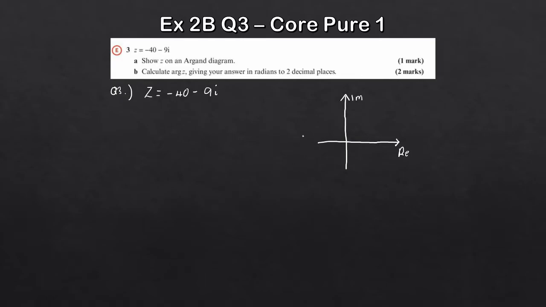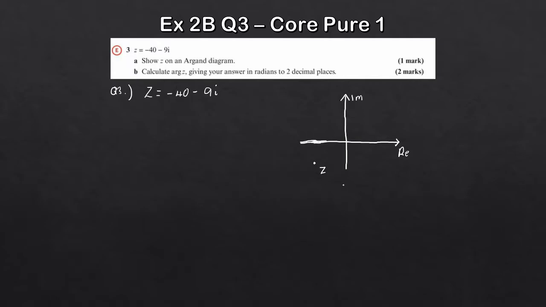So we're going to go 40 to the left on the real axis. My sketch isn't very good, but you get the idea. Then we go down 9. It doesn't have to be perfect, it's just a sketch. If I call that Z there, Z is minus 40 minus 9i.